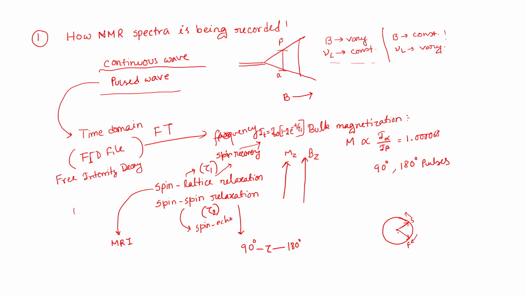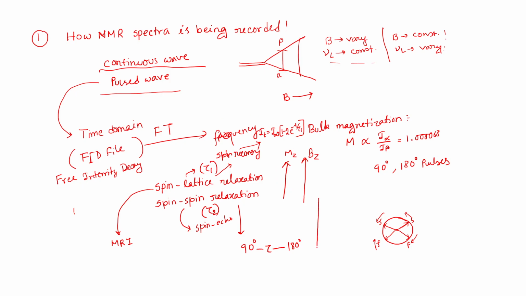Now when you apply a 180-degree pulse, the fast one will go here and the slow one will come here, and instead of going in the other direction, they will come together and coincide.